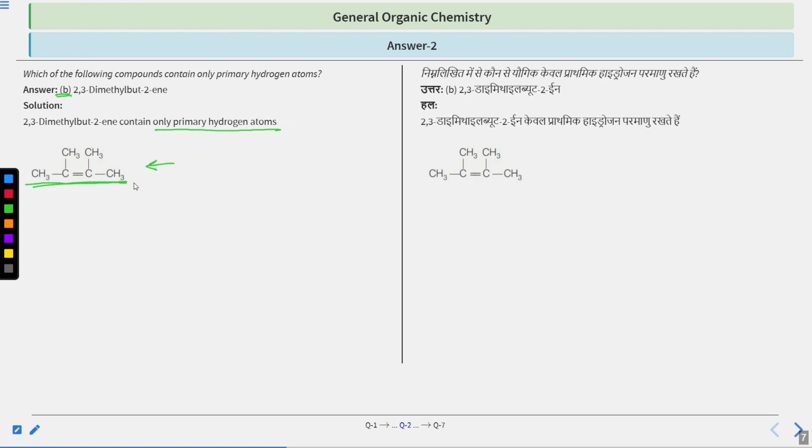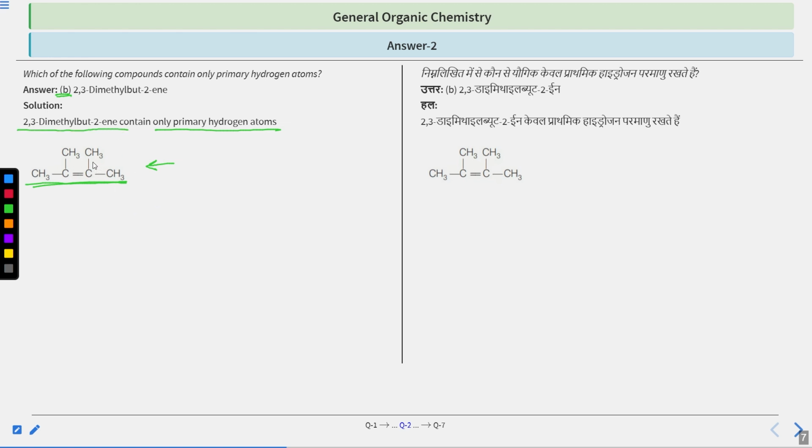We have a primary chain in which 4 carbons are present, so we call it but. So 2,3-dimethylbut, and the double bond should be in the naming. We use the lowest numbering for the double bond carbon atom, so 2-ene. The whole name will be 2,3-dimethylbut-2-ene.